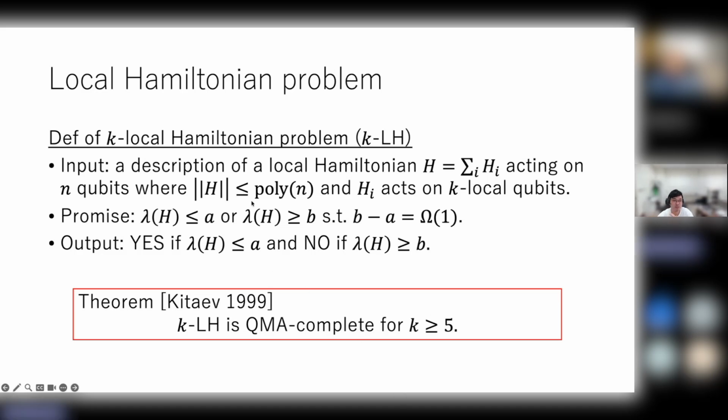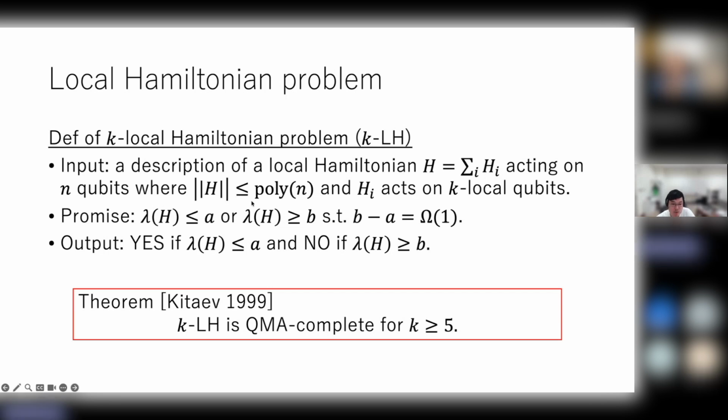An input for the local Hamiltonian problem is some efficient classical description of the local Hamiltonian, which is a sum of local Hermitian operators.